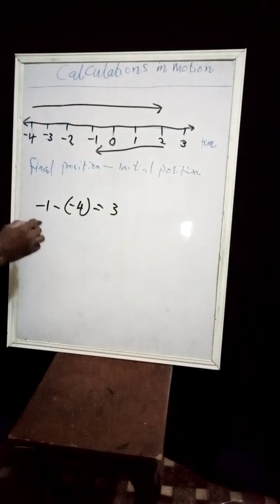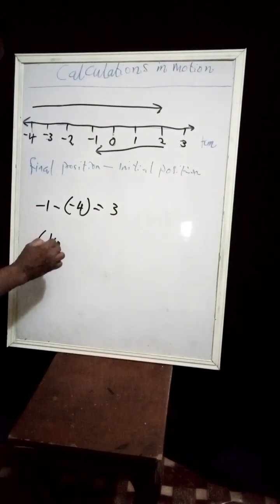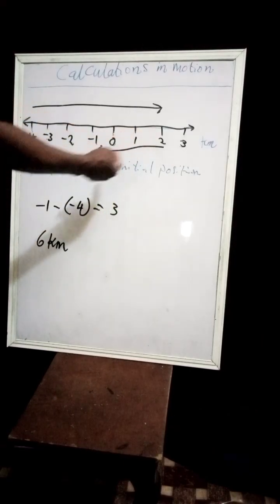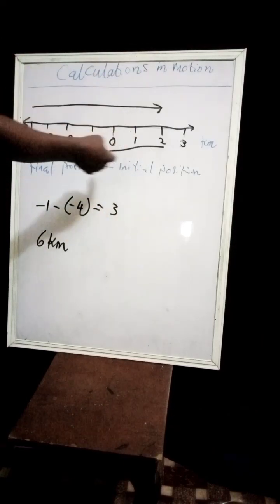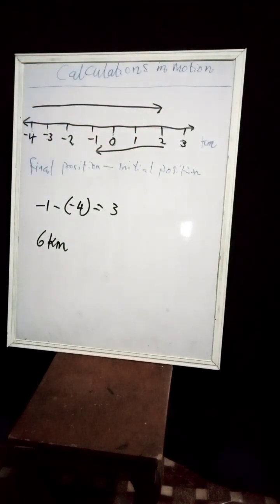That is 6 kilometers. Then let's look at the distance covered by moving backward, from the right to the left direction.